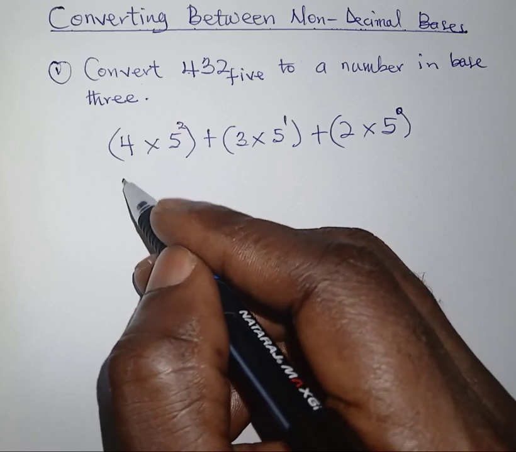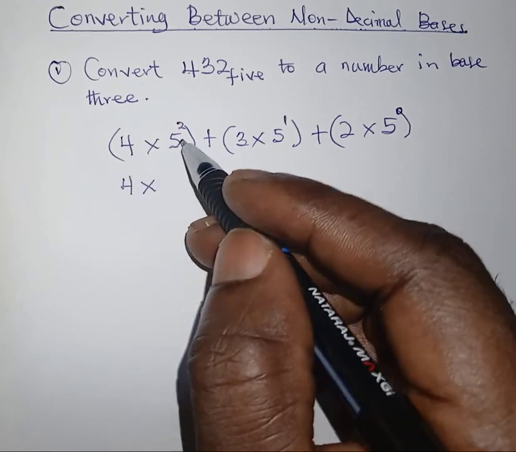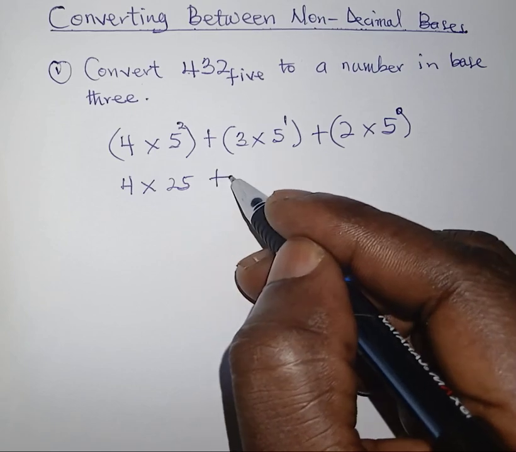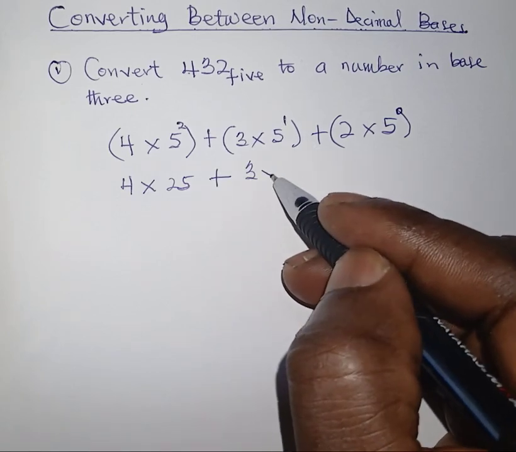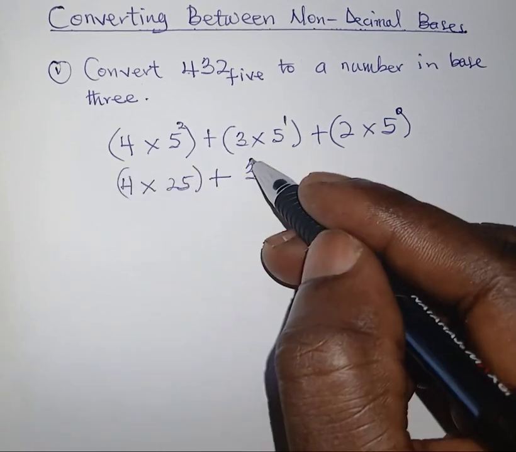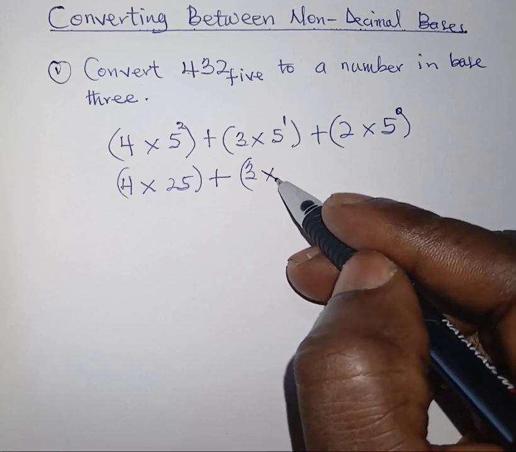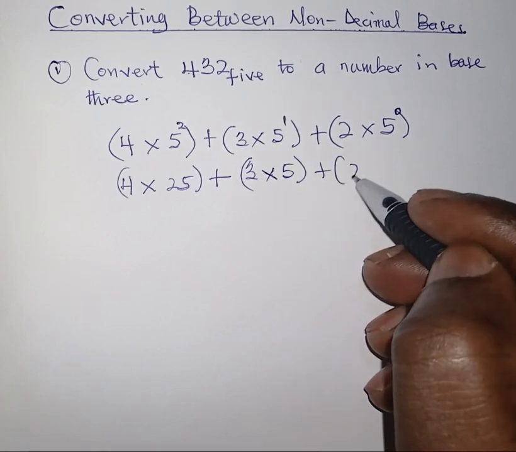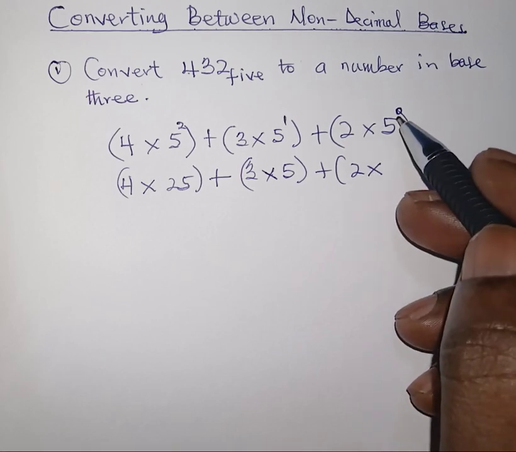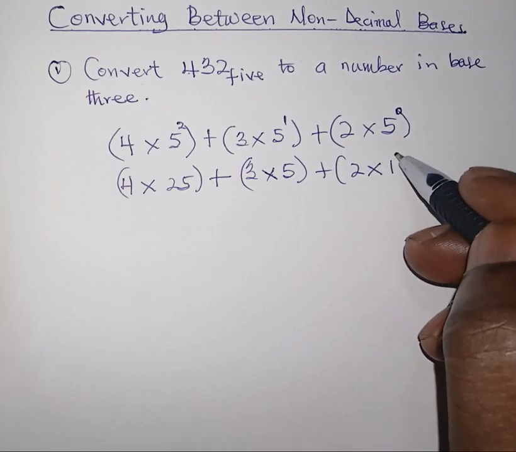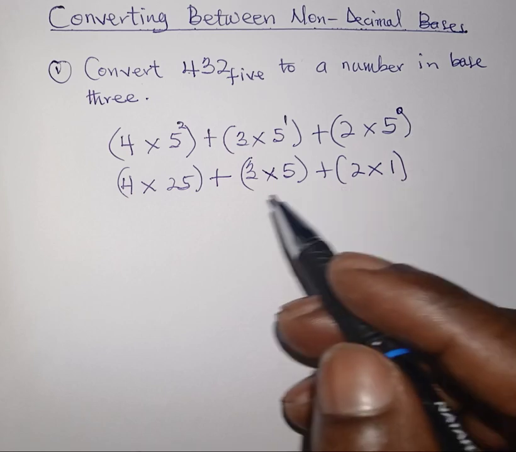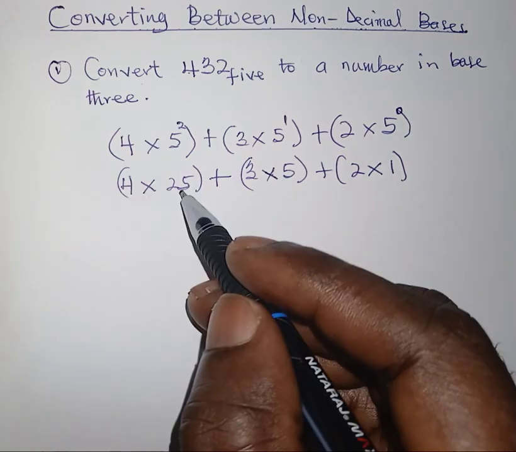So we have 4 multiplying 5 exponent 2, that is 25, plus 3 multiplying 5 exponent 1, that is 5, plus 2 multiplying 5 exponent 0, that is 1. We've already talked about why it is 1. So what is 4 times 25?